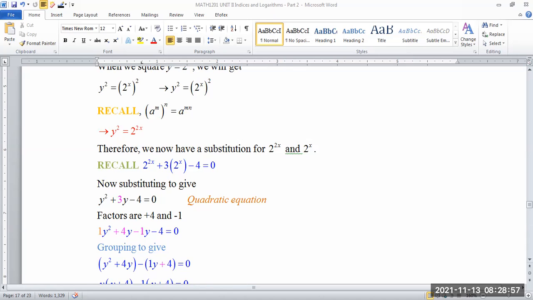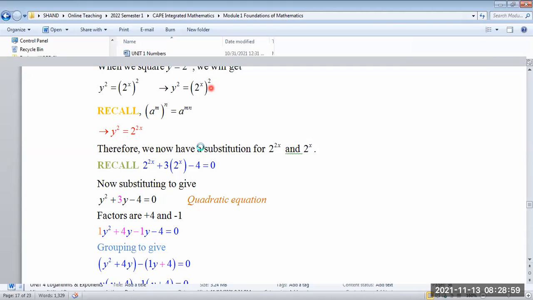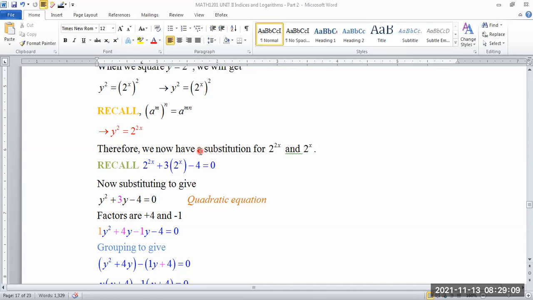Remember now, we're multiplying the coefficient of y squared by the constant. Now, the coefficient of y squared is, that's a question.